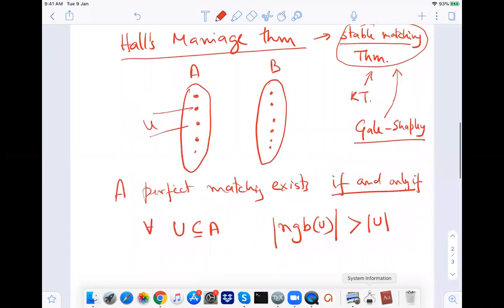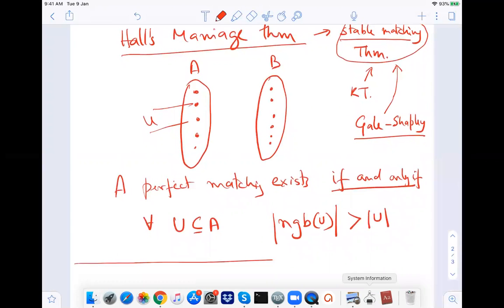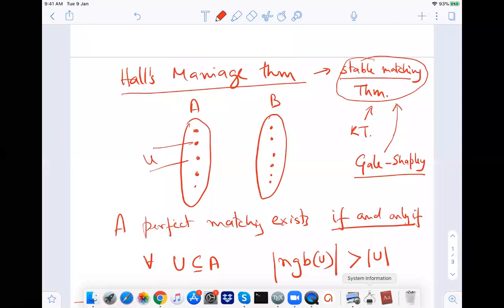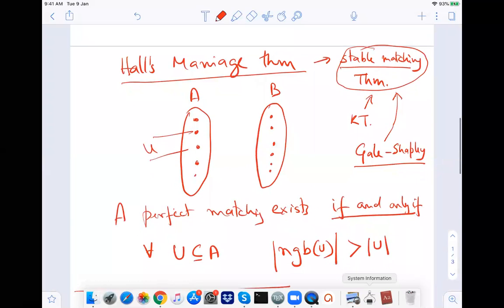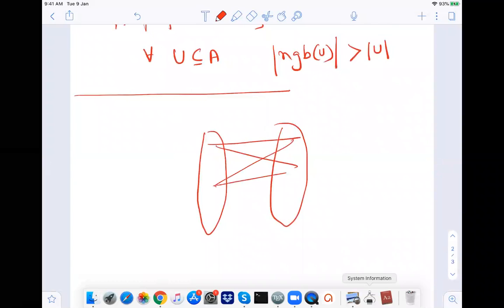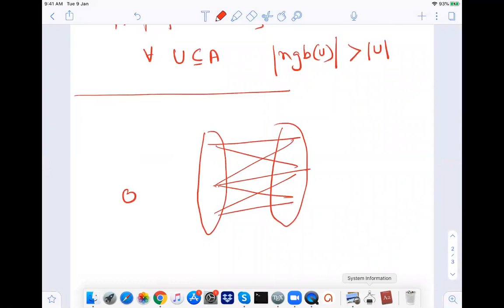Now you remember that we had started with Hall's theorem, the matching theorem, and then we talked about flows. So how do you model matching in flows? You have some kind of graph over here, and how do you model things in flows?